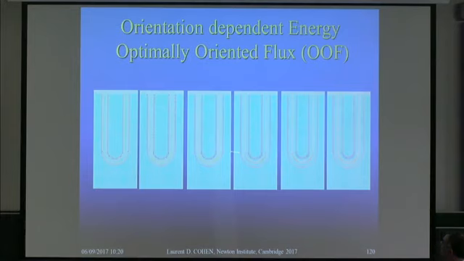And so this is what we show here, the optimally oriented flux, where you see that according to the scale, so here the radius is interpreted as a scale, and for each scale you represent the ellipses of this metric obtained by optimally oriented flux. You can see, or maybe you cannot see, that here in the middle you have elongated vertical ellipses, while elsewhere you have ellipses that look like circles. So it means that you have no preferred orientation in the background, but at the very center here, you have a preferred orientation which is vertical.